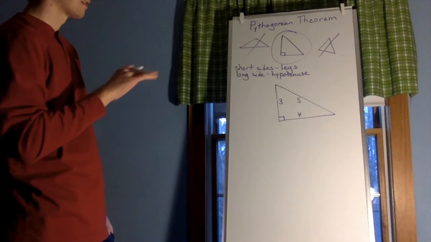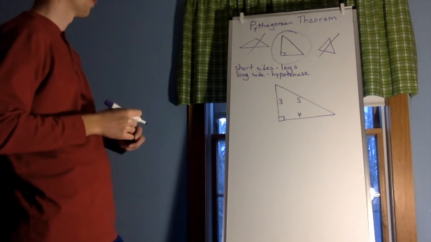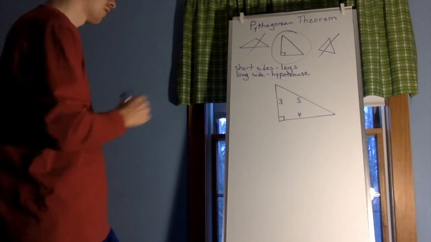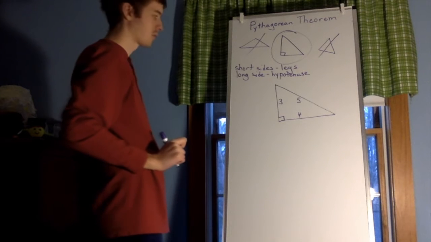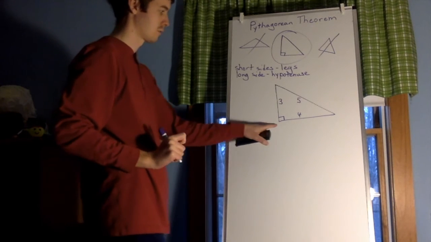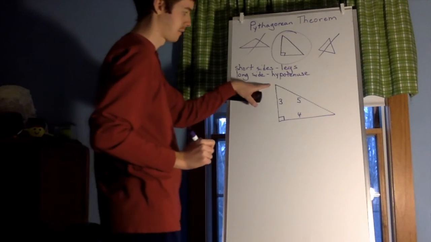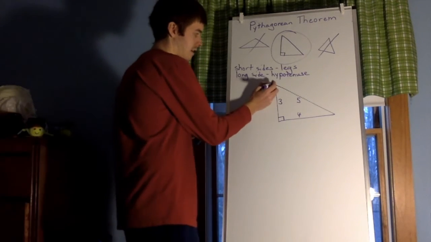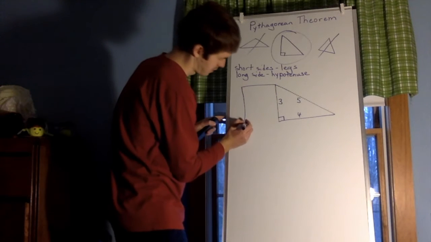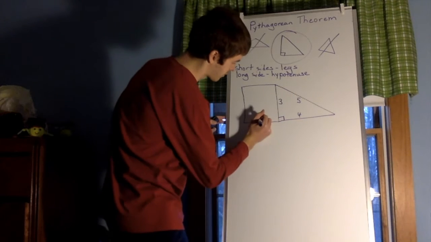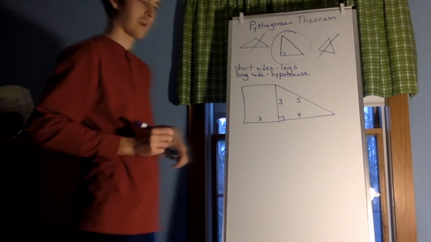All right, so let's keep going here. What I'm going to do next might seem a little bit odd, but hopefully as we go through, it'll make more sense. I'm going to take each side and turn it into a square with this as one side length for each case. So on my side length 3, I'm going to turn that into a square where each side length is 3. In other words, this is a 3 by 3 square.